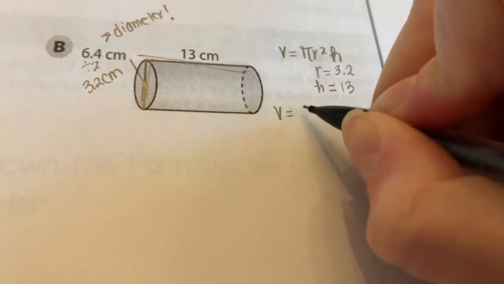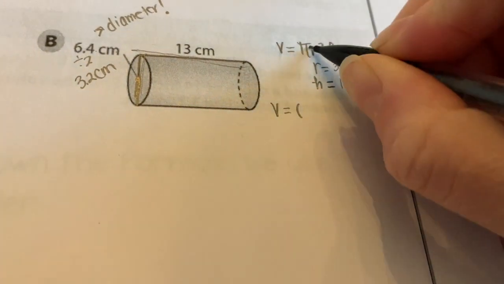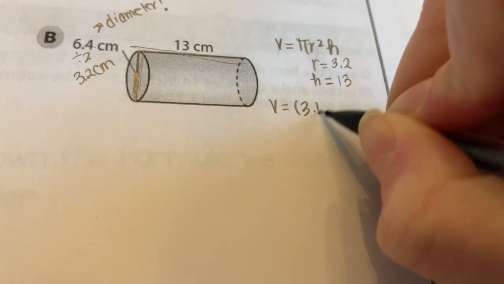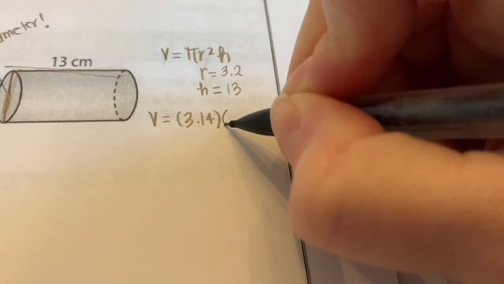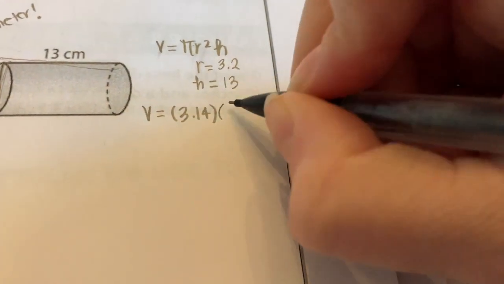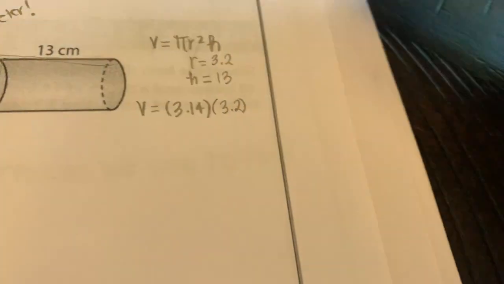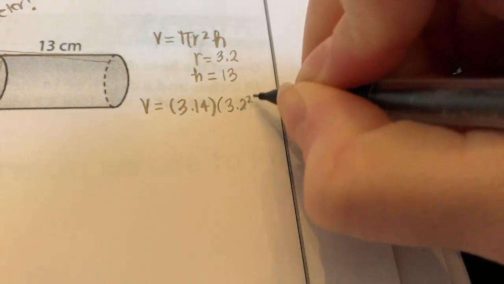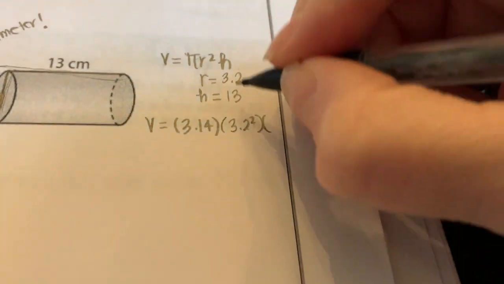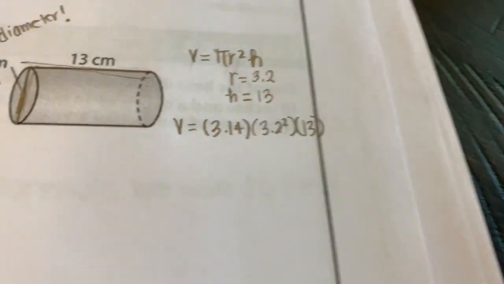So V equals, in parentheses, 3.14 for pi. Close your parentheses. Now, r squared, I'm going to open up parentheses again. And I'm going to do 3.2 squared. Sorry. And then in the final parentheses, I'm putting 13, close parentheses.